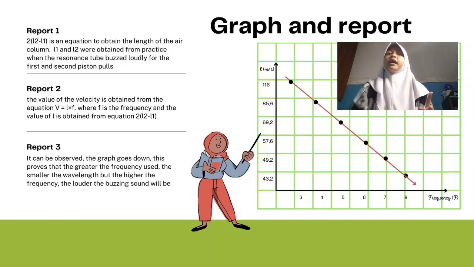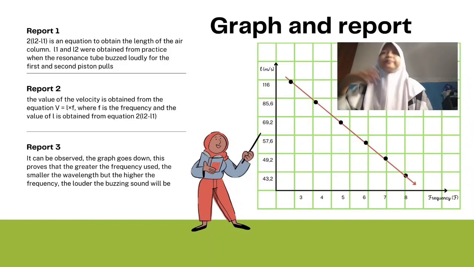L1 and L2 were obtained in the practicum when the resonance sounded loudly for the first and second piston pulls.